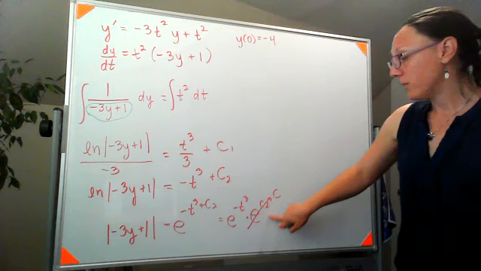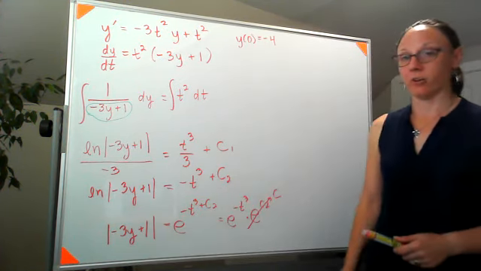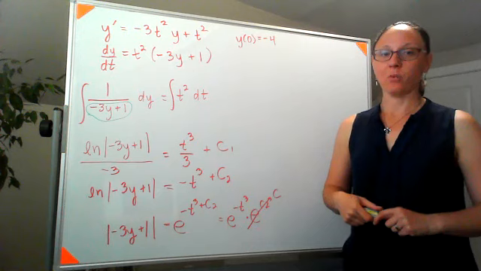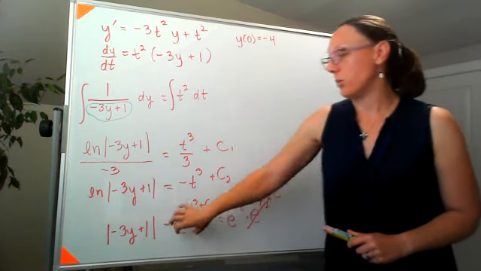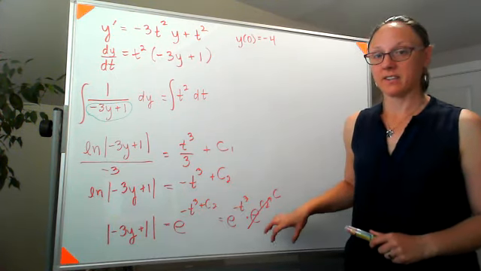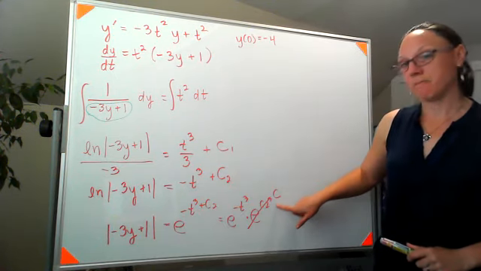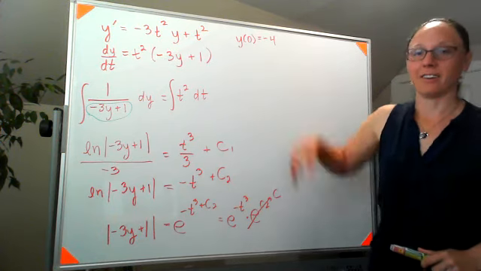So with a constant out in front, I no longer need the absolute value, because with that absolute value, it's either telling us that negative 3y plus 1 is equal to the positive this, or negative 3y plus 1 is equal to the negative this. But that plus or minus piece is going to be taken care of with our constant, especially since we've got an initial condition.